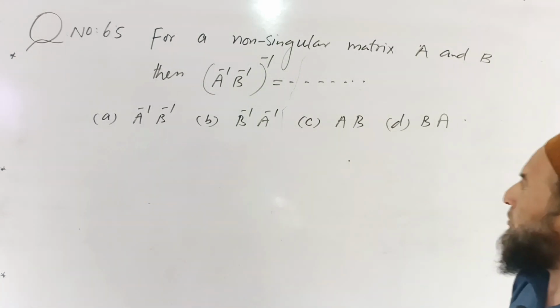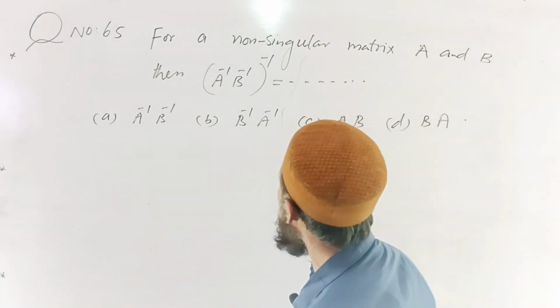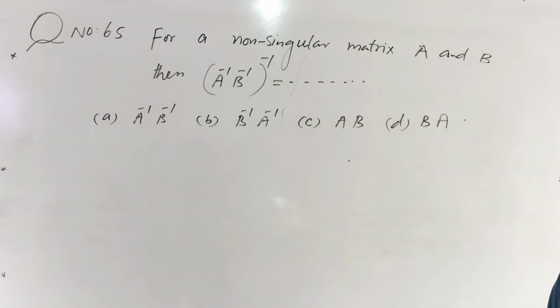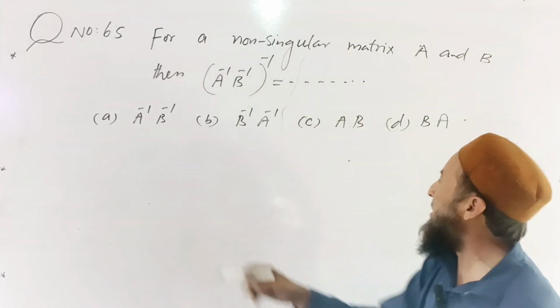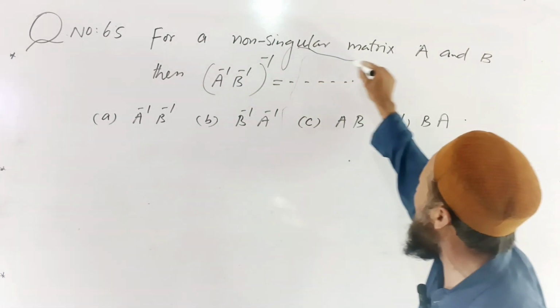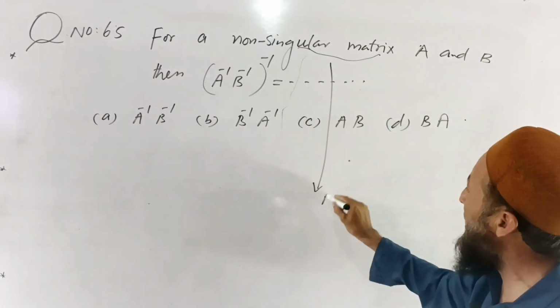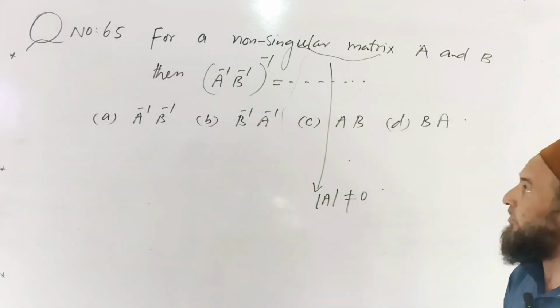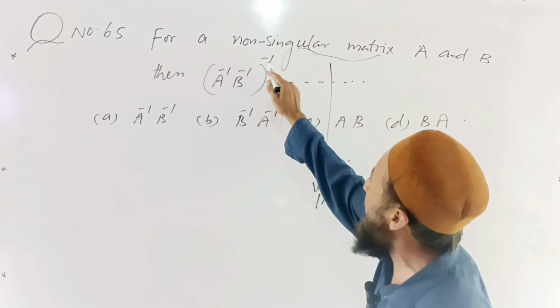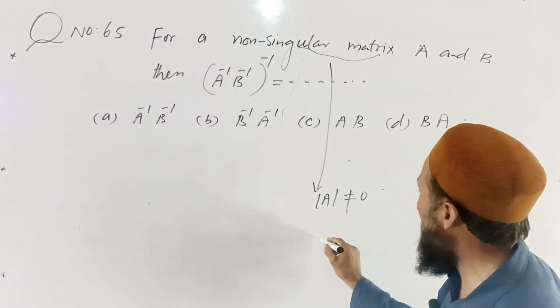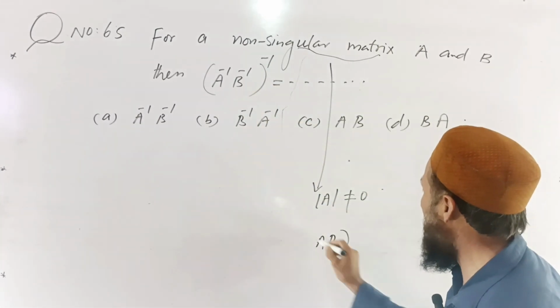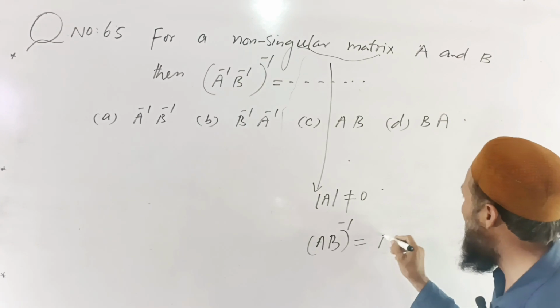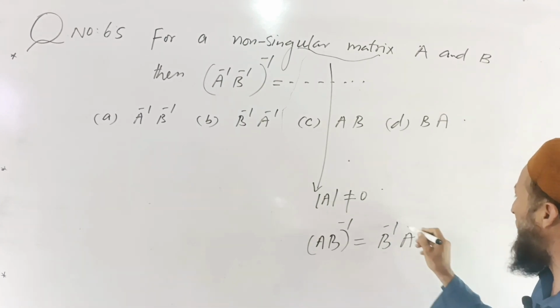Look here, according to the inverse definition, the matrix is a non-singular matrix. Non-singular matrix means the determinant is not equal to 0, so that is called a non-singular matrix. And here we are using the property of inverse: the inverse of a product is B inverse and A inverse.